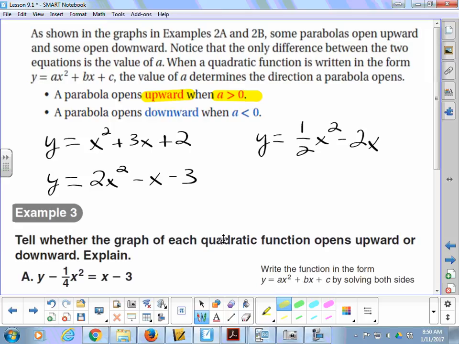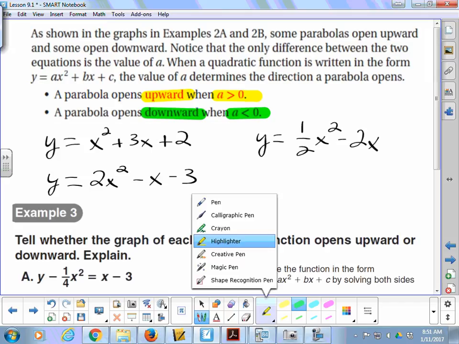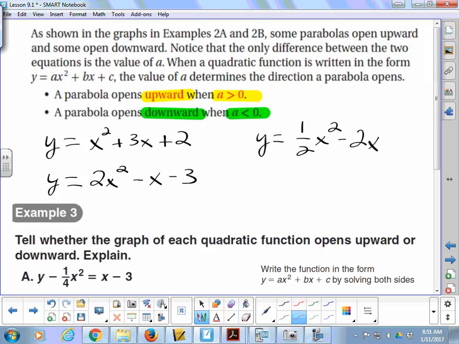So it opens up when a is positive, and opens down when a is negative. So you've got a smiley face and a frowning face. It's way more fun to have a smiley face than a frowny face, right?